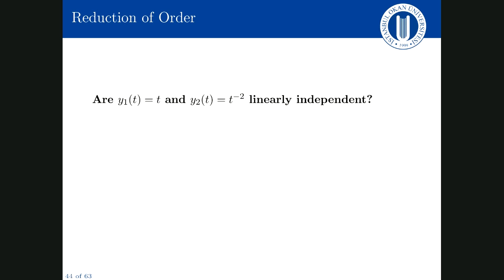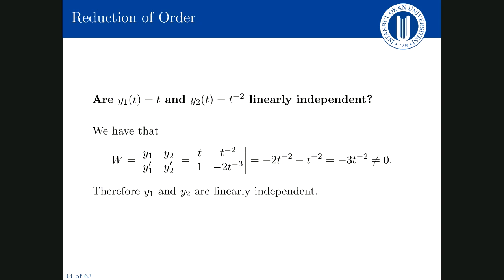Another thing I might ask is, are these two functions linearly independent? If I ask you if two functions are linearly independent, we need to use the Wronskian. The Wronskian is the determinant of y1, y2, y1 prime, y2 prime.